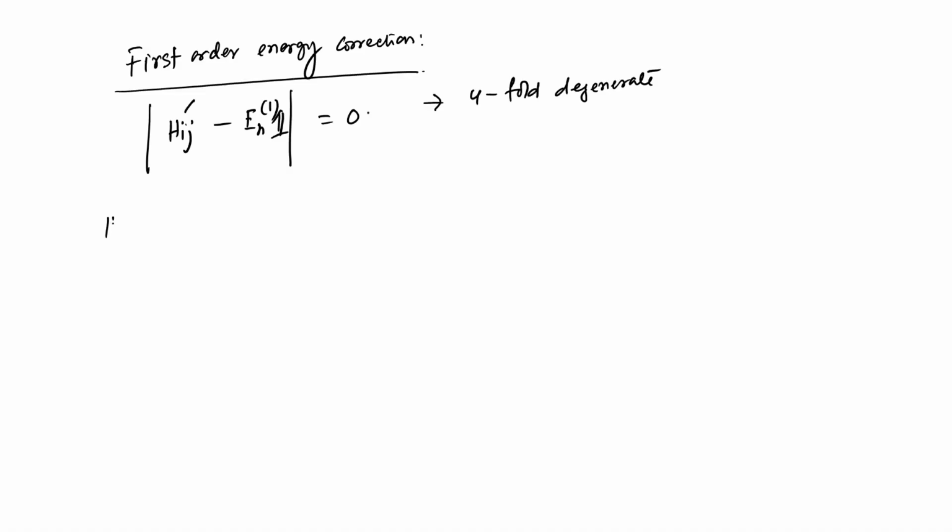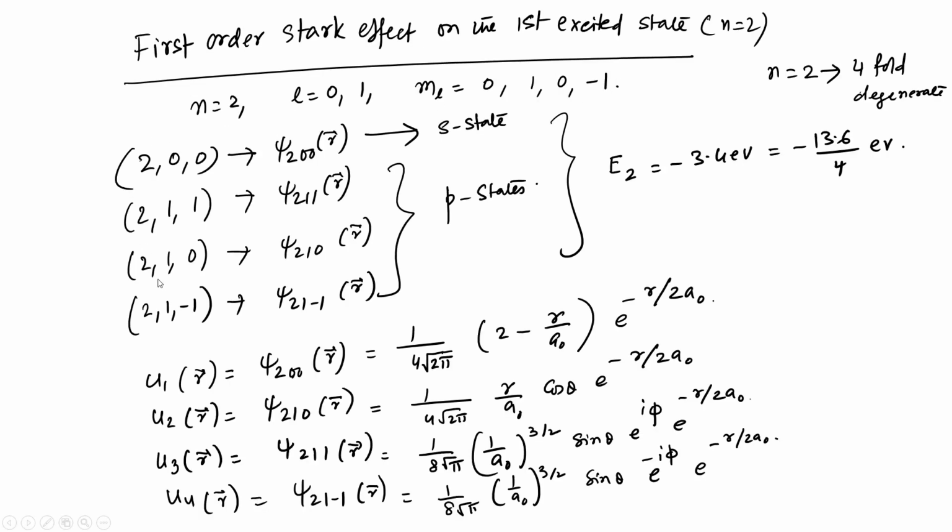So, if you look at this H11 prime, that is the matrix element of the perturbation term between these U1 terms. Now, you see that the U1 term does not have any theta. So, the only theta will come from the sine theta d theta from 0 to pi, which is equal to 0.